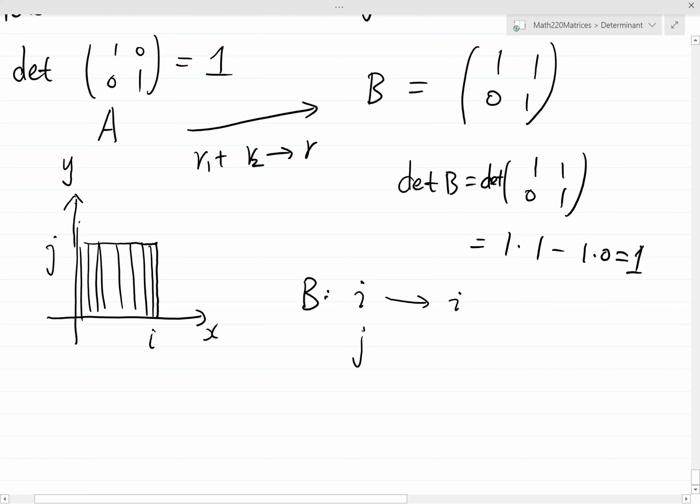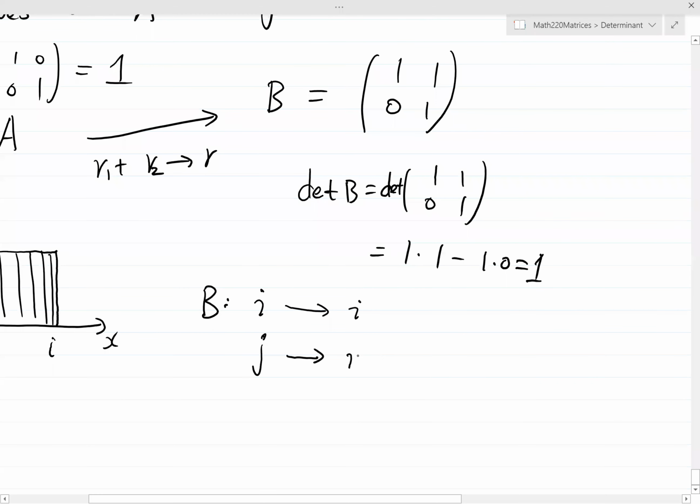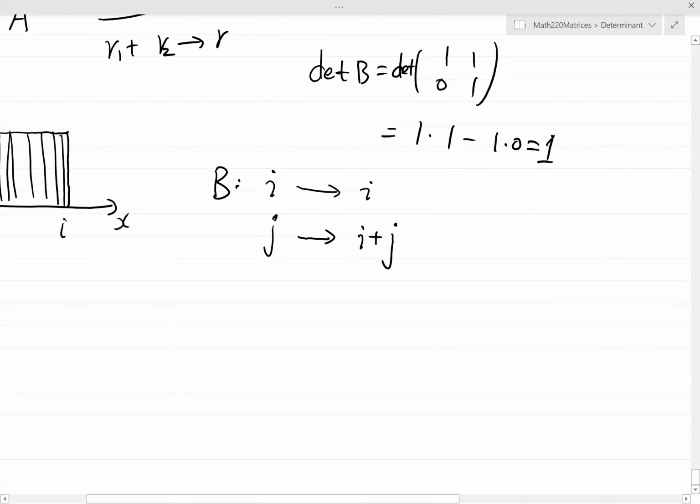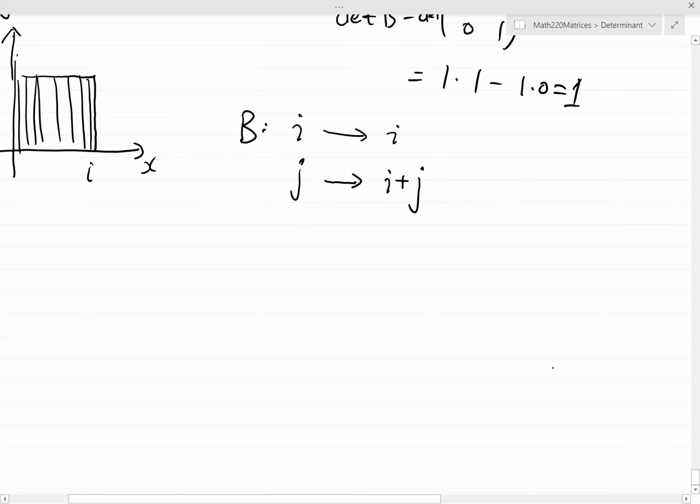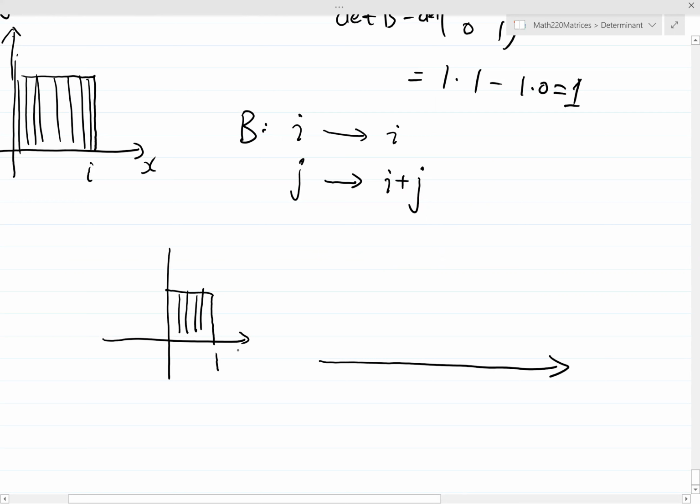You output the second column, which is 1, 1, which is I plus J. So what is the image of the unit square under the map B? I goes to I, and J goes to I plus J. So it will go to this parallelogram.